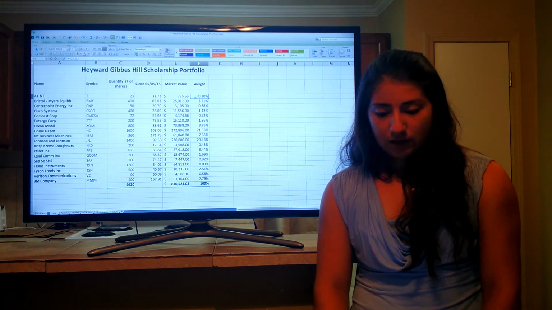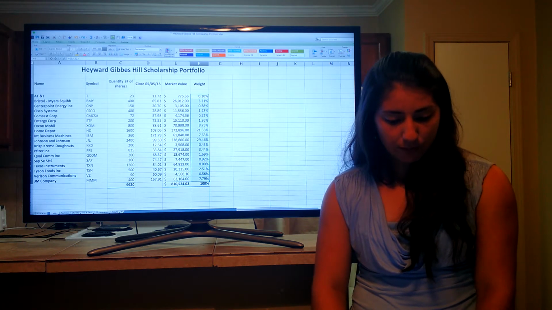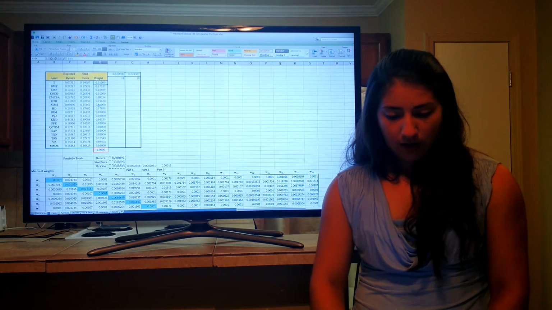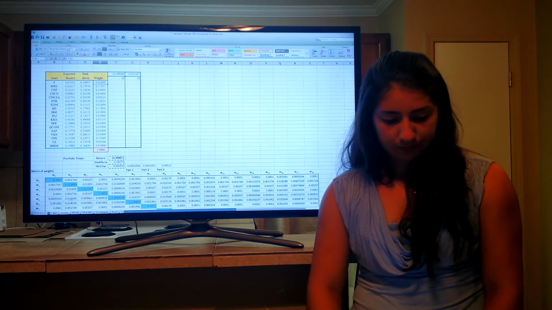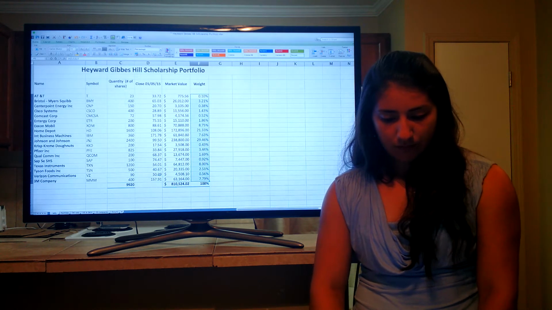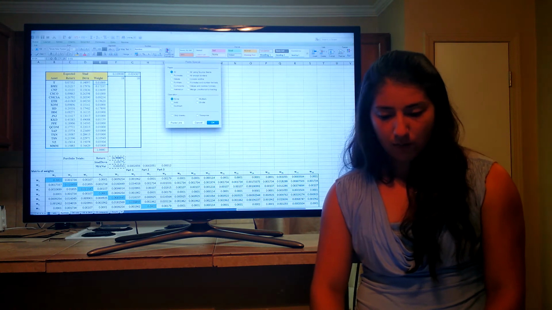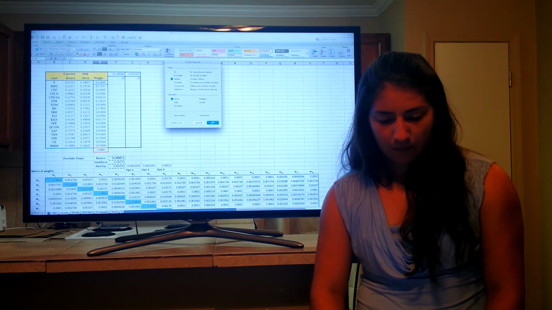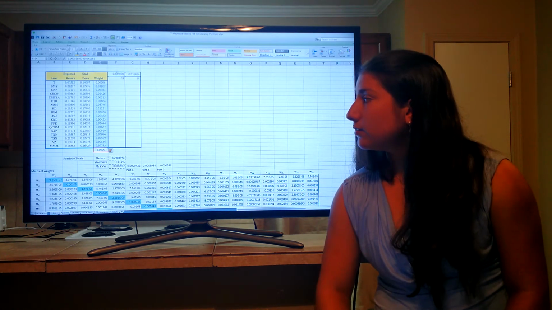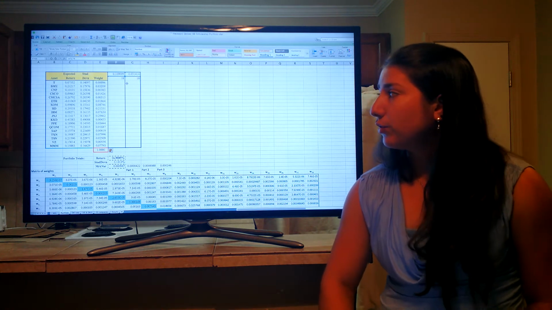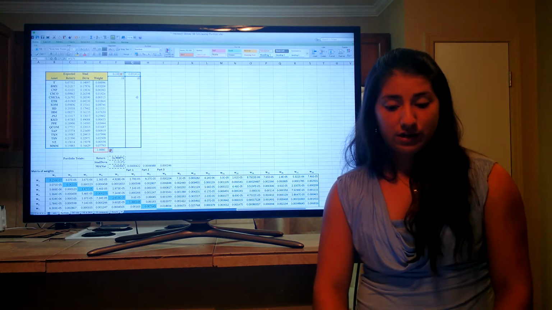Well, we can take the weights and we have to plug them in. So in here we can see an expected return of 16.9% and a standard deviation of 3.14%.